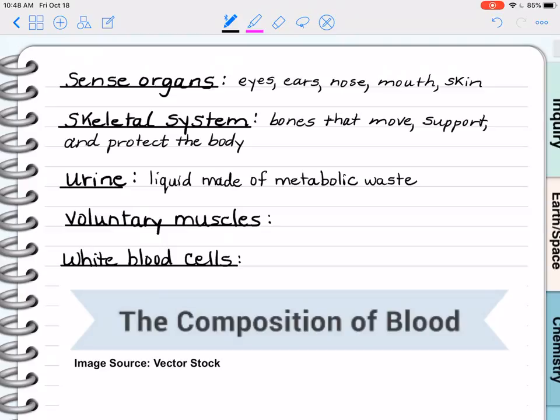Your voluntary muscles are under conscious control. Involuntary means you don't have to think about it. You don't have to think to make your heart beat. It is going to beat whether you're thinking about it or not. Voluntary muscles, on the other hand, you have to make a decision.